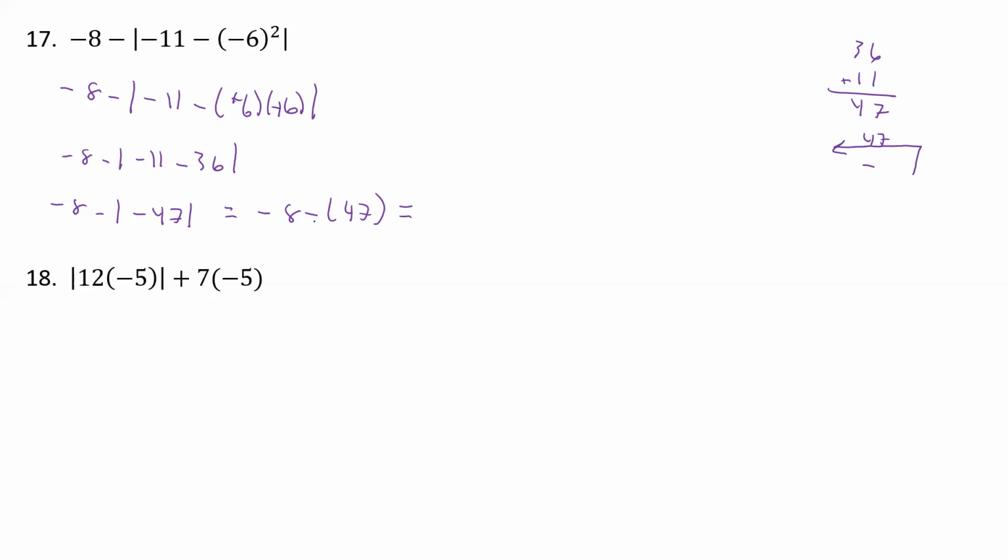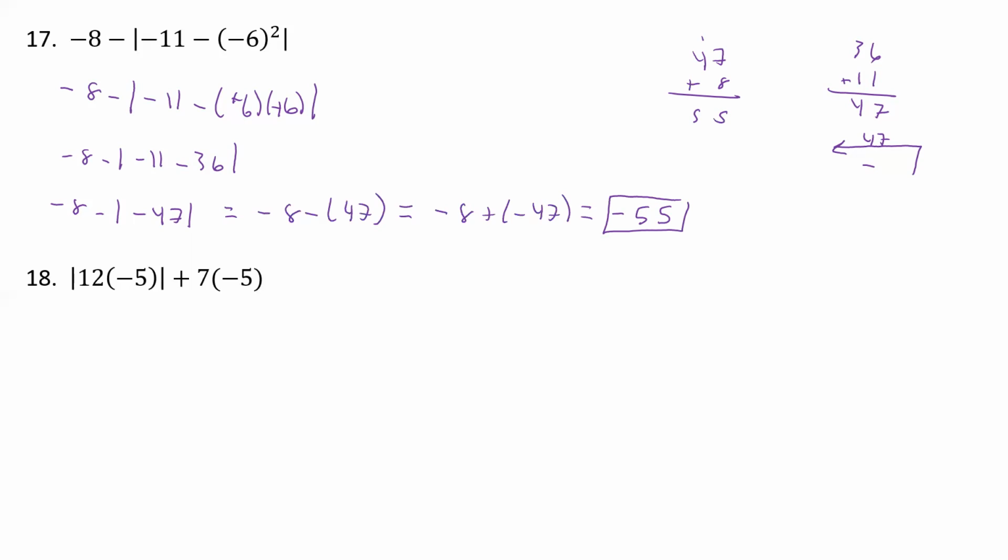So now we have minus 8 minus 47. And so if we wanted to, we could rewrite this like that. But basically it's saying take those two numbers, add them together. So 47 plus 8, that's 15, 55, and keep the sign, and we get a negative 55.